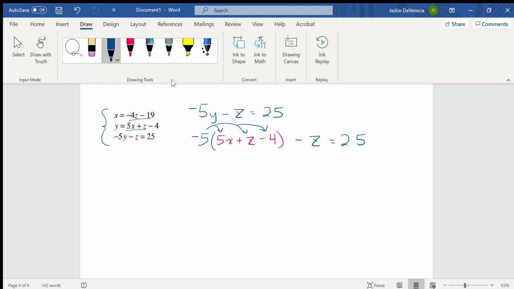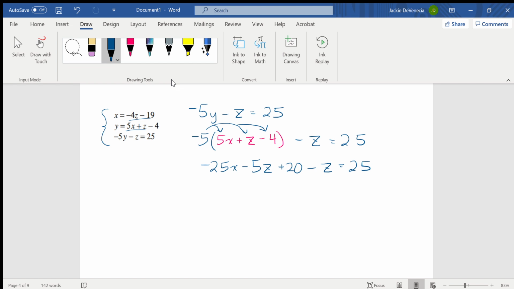So negative 5 times 5x is just negative 25x. Negative 5 times z is a negative 5z. Negative 5 times negative 4, that's a positive 20. We have a minus z is equal to 25.